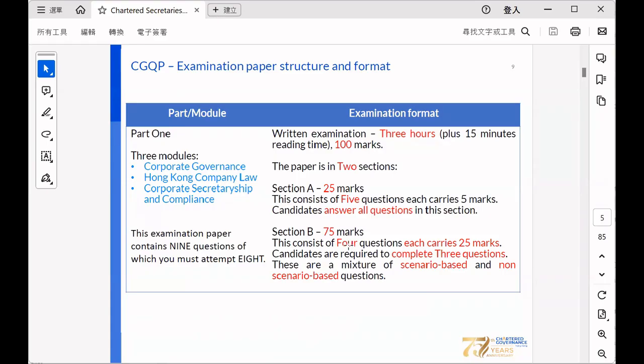Actually, what that indicates is that you don't have a lot of choices. You only have 1 question to choose not to answer in section B. So what I can say is that probably all parts of the syllabus would be asked.